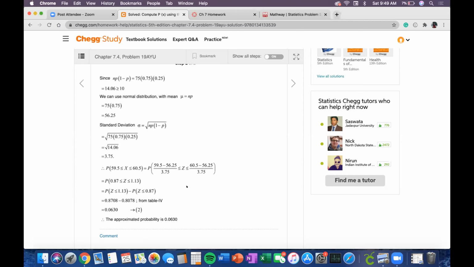And then to find the standard deviation, you just square root that. 56.25. That whole bottom part.